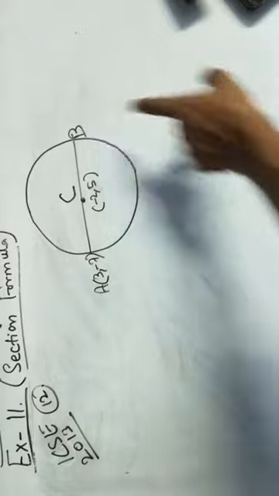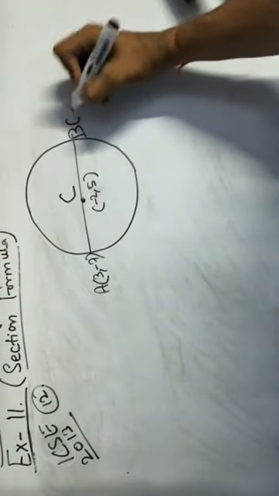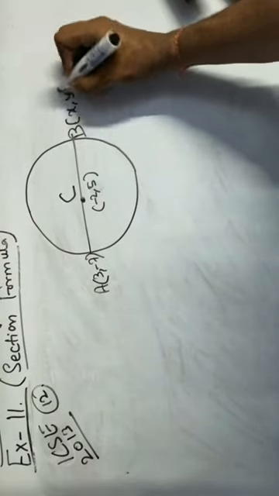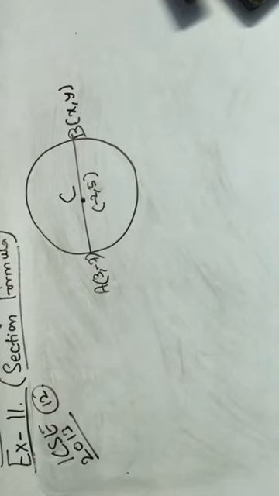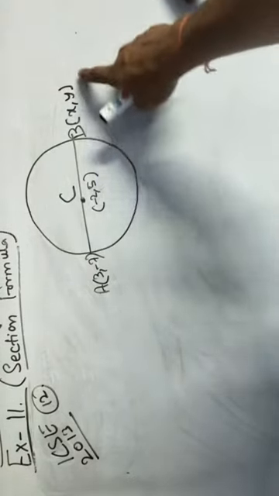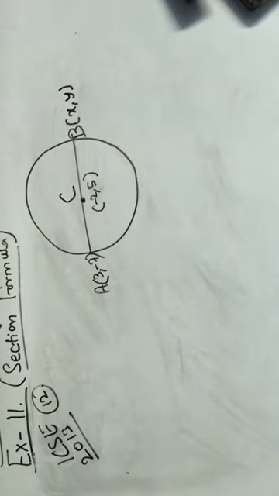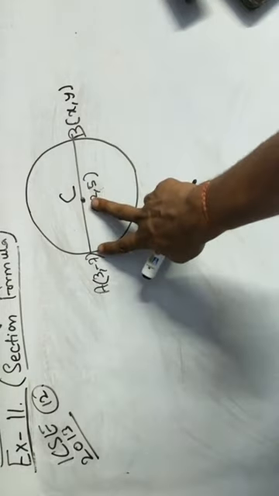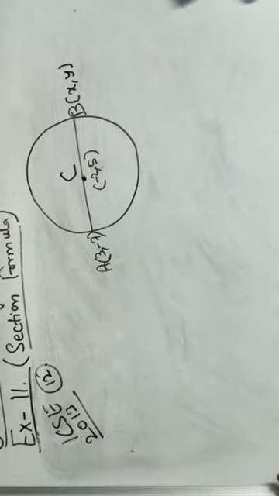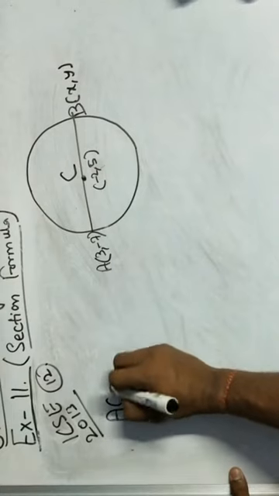You have to find the coordinates of the point B. We'll take it as x comma y, and we'll use the midpoint formula to find the point B. Then you are asked the length of the radius AC. AC is a radius, so AC can be found by using the distance formula.